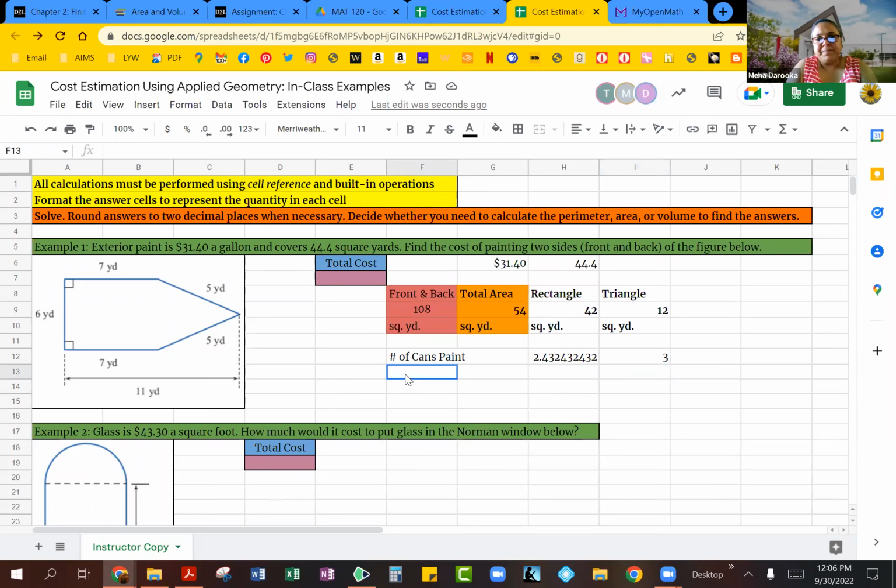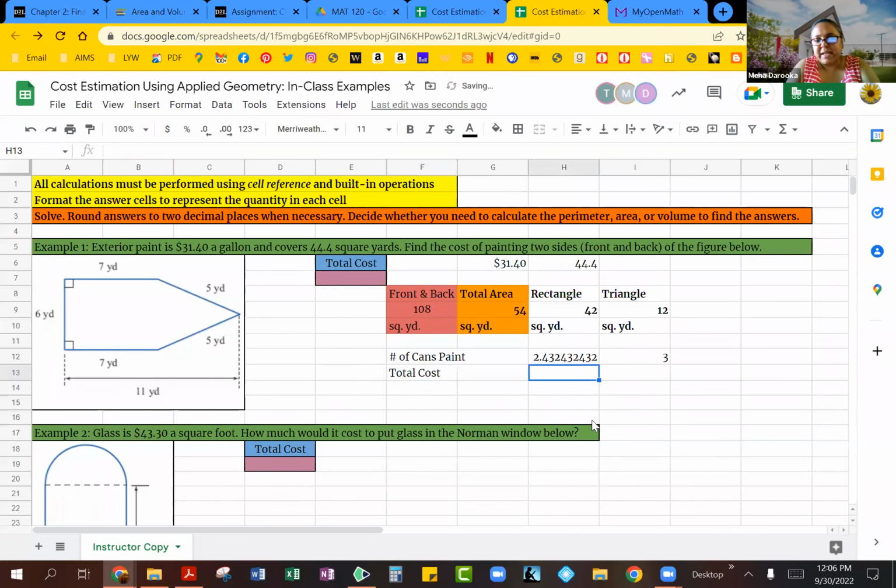So just to show you how this would work, you would take your quantity and multiply it by your dollar amount, right? So that would come out to be $76.38. However, if we had to buy 3 cans of a gallon each, then of course your cost would go up.